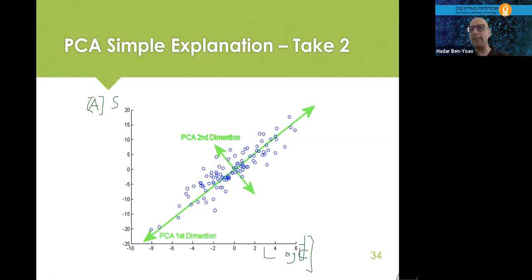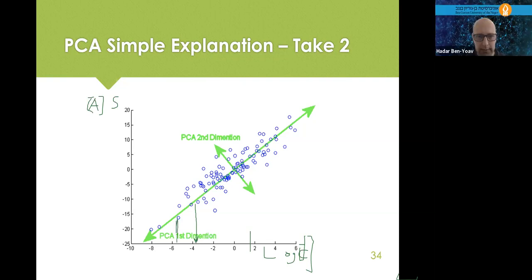Now, when we look at this kind of data and look at the variability or the variation, my arrow disappeared.